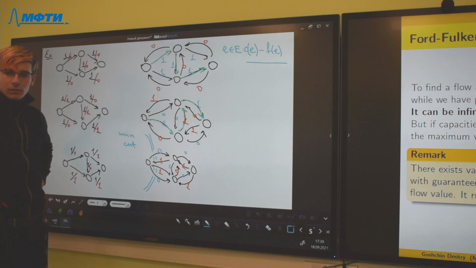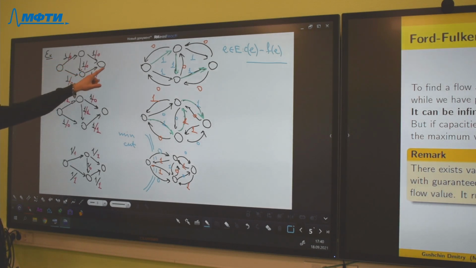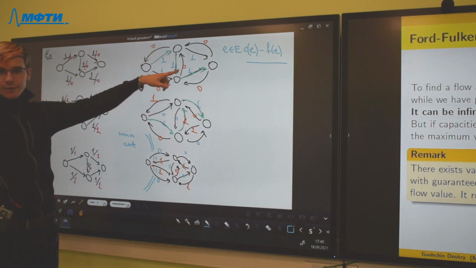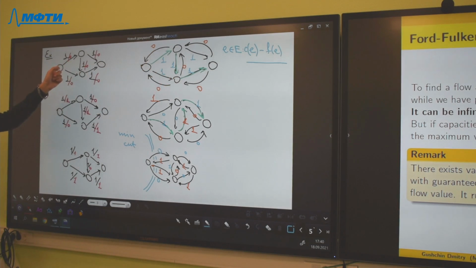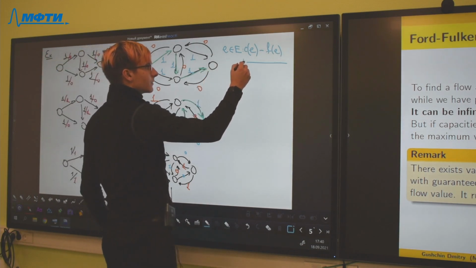And what is the residual network? If we have a flow network with flow, we say that the residual network is equal by vertices to the flow network, and each edge has capacity equal to this.